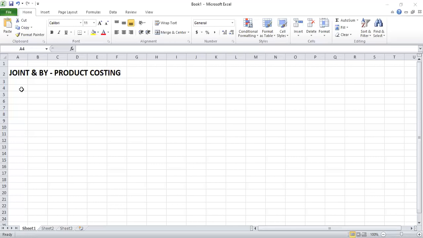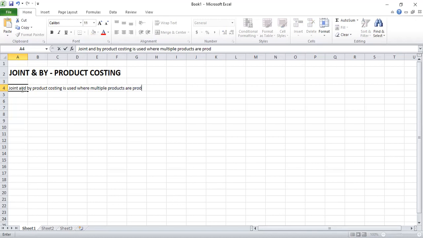So I think joint and byproduct costing is used where multiple products are produced using the same process.